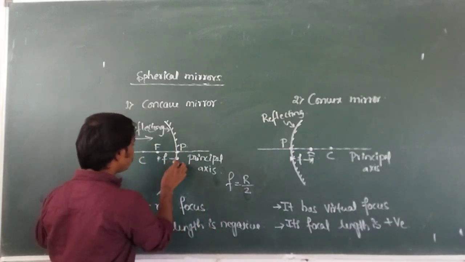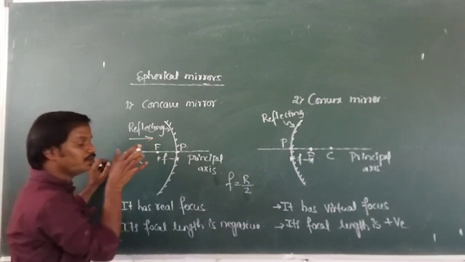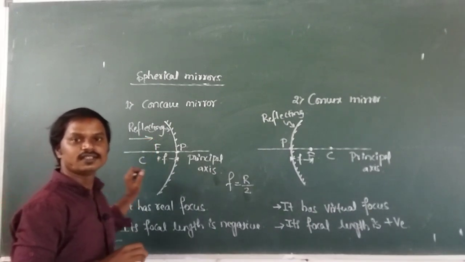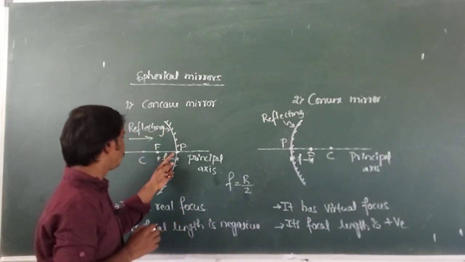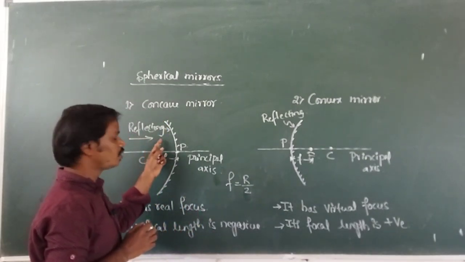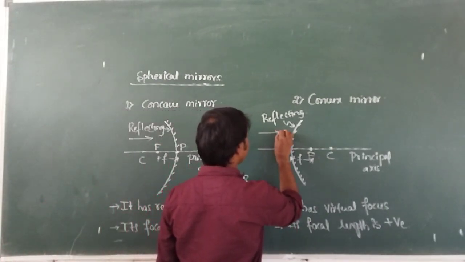That is why, if distances are measured in the opposite direction of the incident light, those distances are taken as negative. Here the focal length is measured in the opposite direction of the incident light. But in this case, this is the direction of incident light.